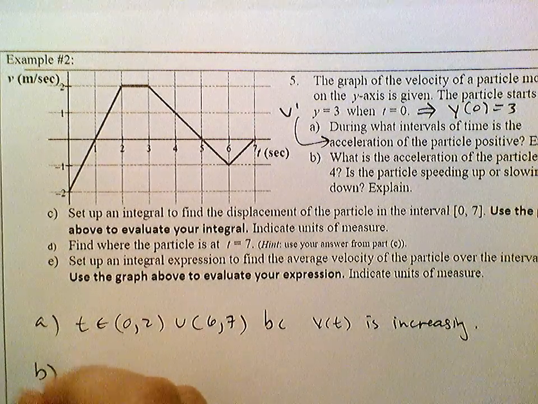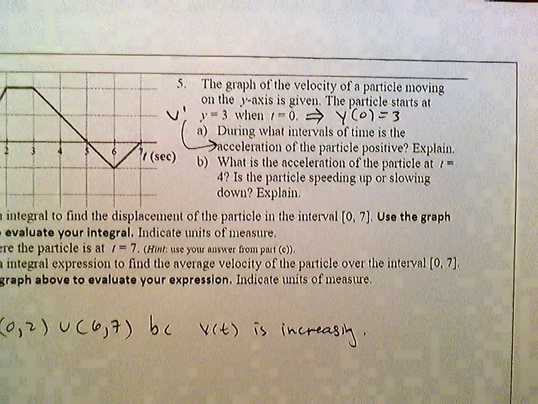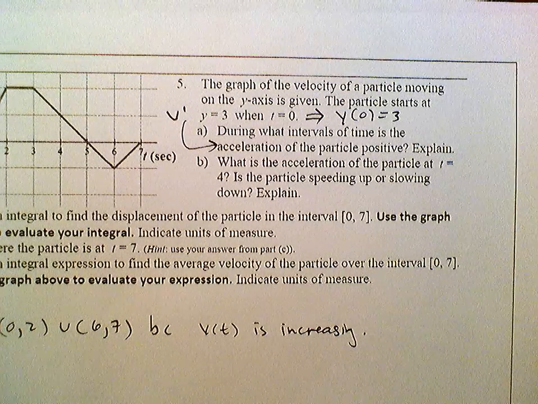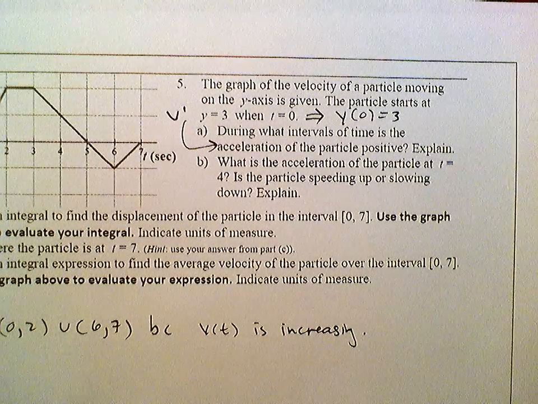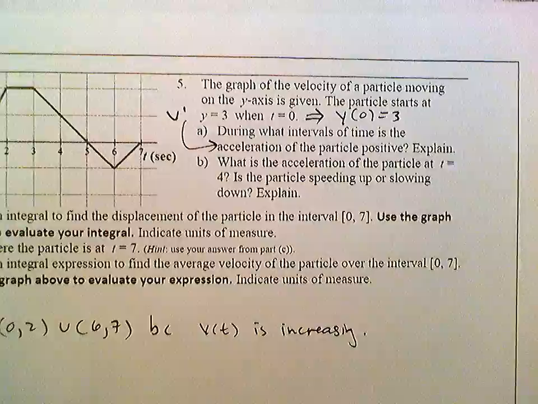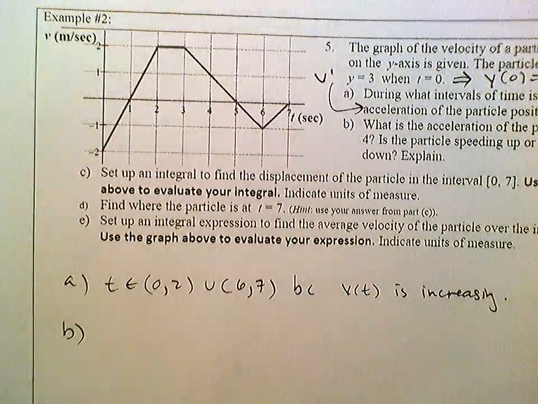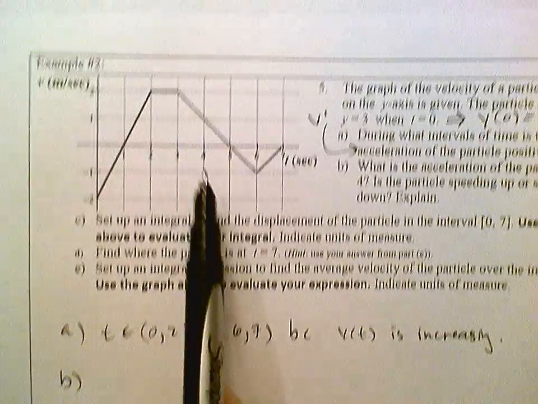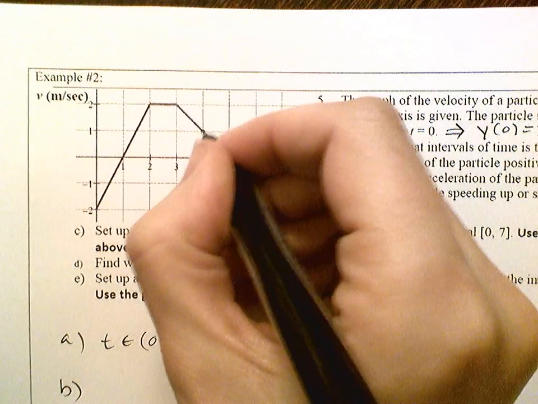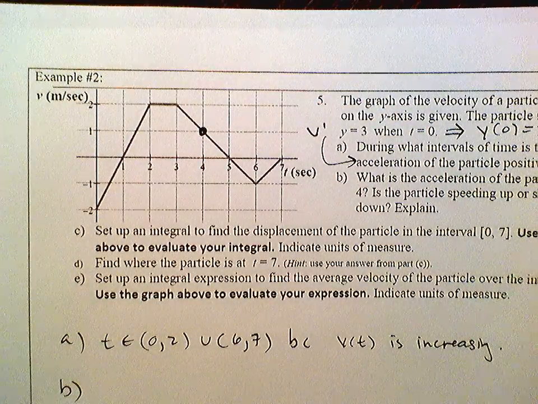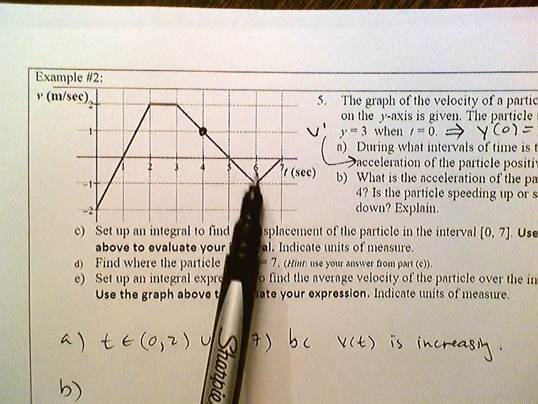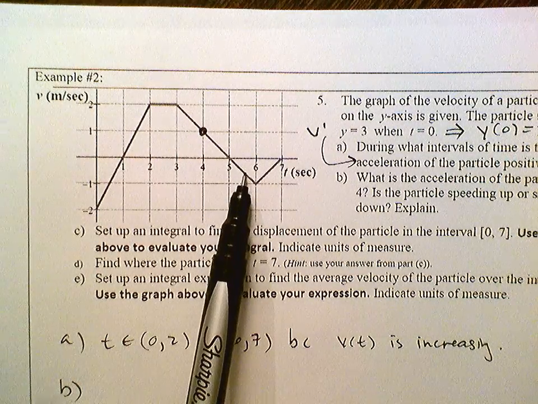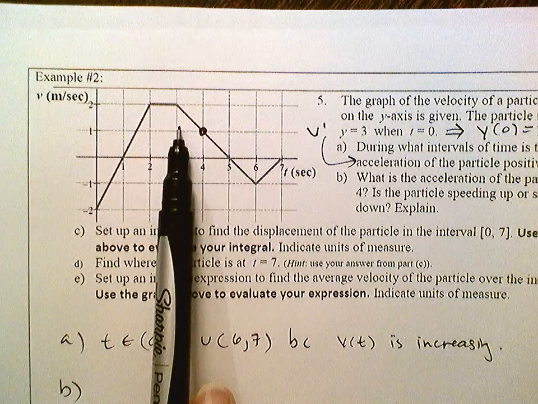Okay, now for part B. What is the acceleration of the particle at t equals 4? Is the particle speeding up or slowing down? Explain. Well, t equals 4 is here. And since this is linear, I can find the acceleration because the acceleration would be the rate of change here.